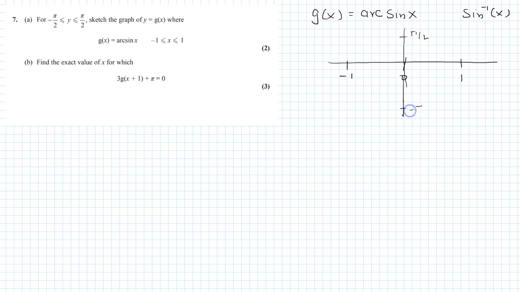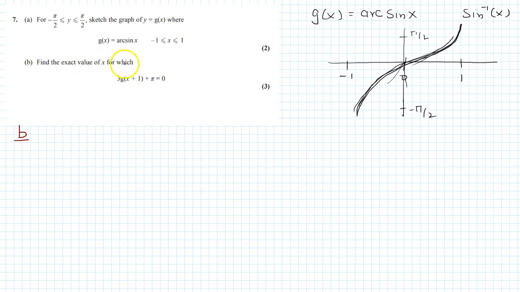To find the graph, you know the sine graph is like this. So this graph will be... make sure you draw the proper graph. That is part A.